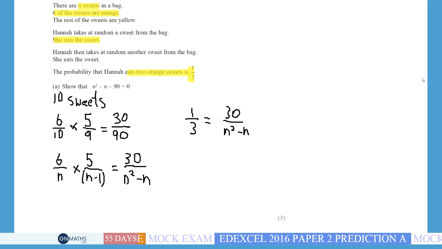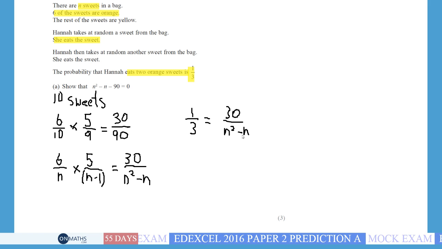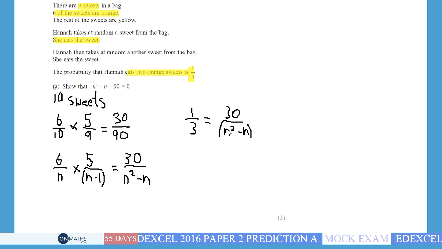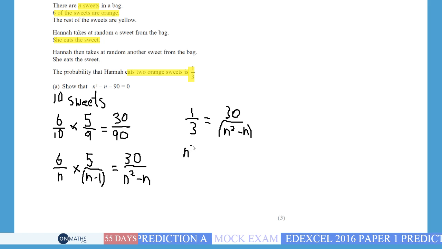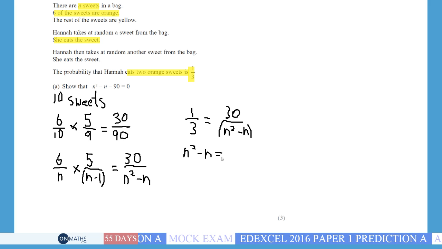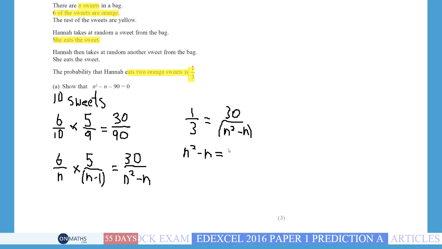Now at this point what I can do is I can times 3 both sides and times this, which I need to put into brackets, and times this both sides. Now I can do this separately or I can just do it all in one go. So I'm going to times this to this side, so that leaves me n squared minus n times 1, which is just n squared minus n, equals, and 3 times 30, which is 90.